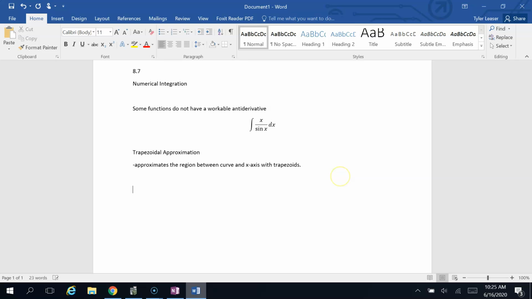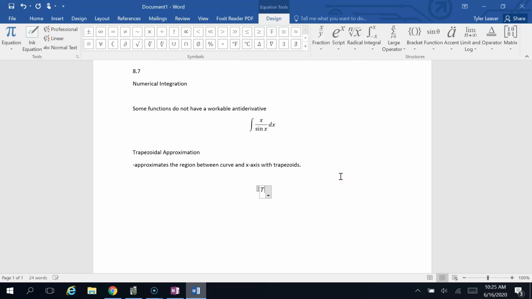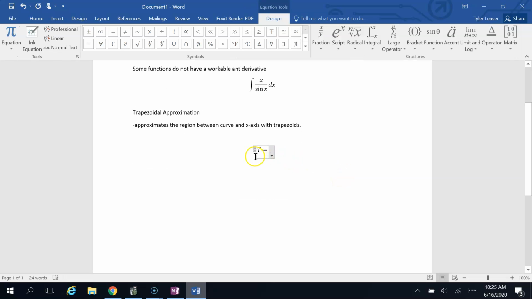Okay, now the formula. For the trapezoidal rule, which we're going to label as T, the area under the trapezoids is delta x over 2, the triangle delta. Delta x represents the width of each of your trapezoids.